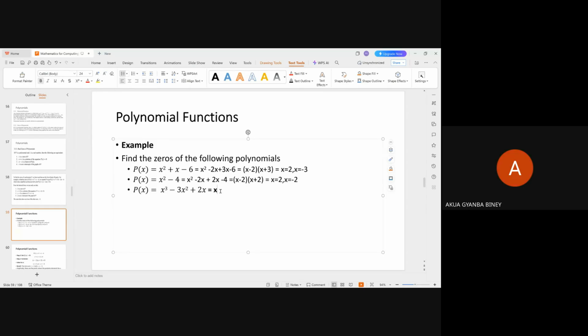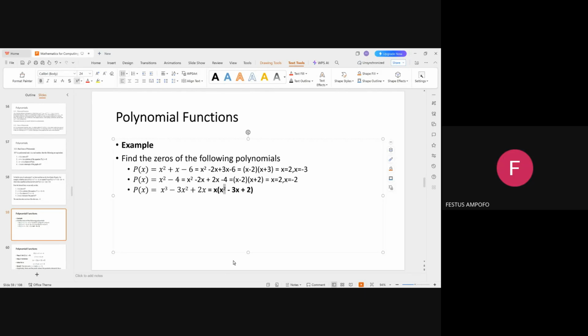The last one is 1 and 2. How did you get it?